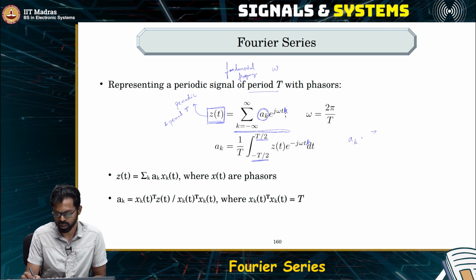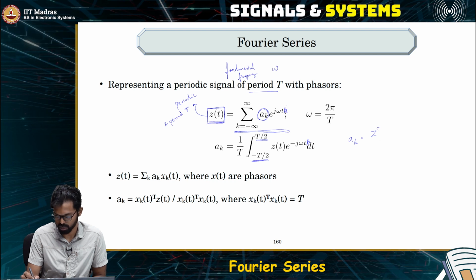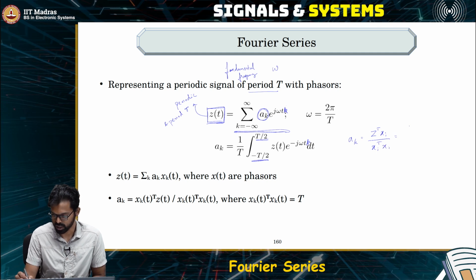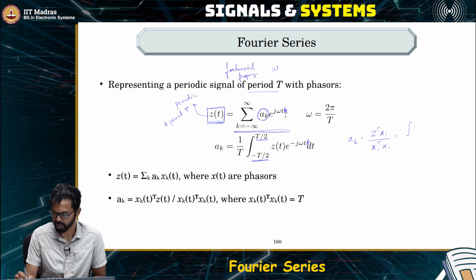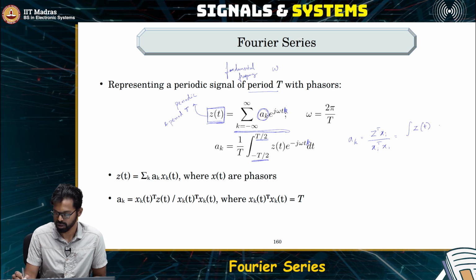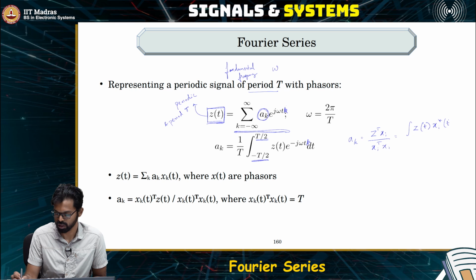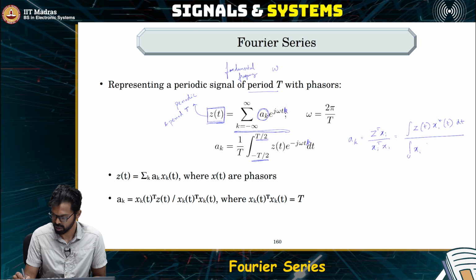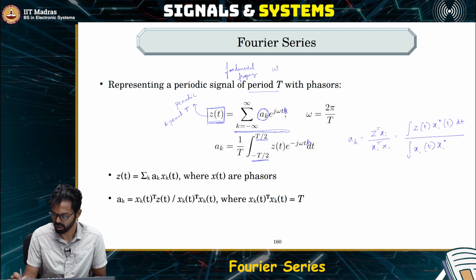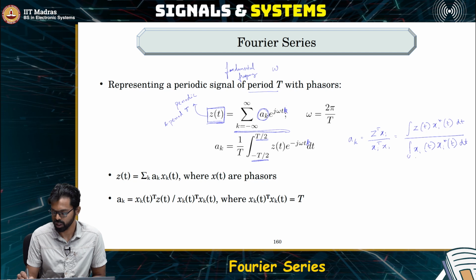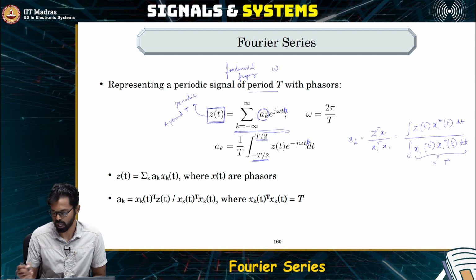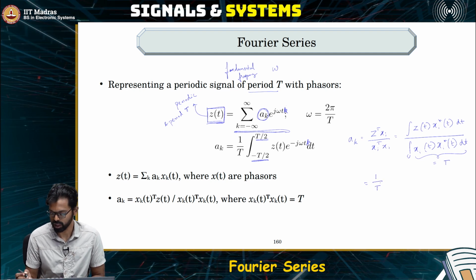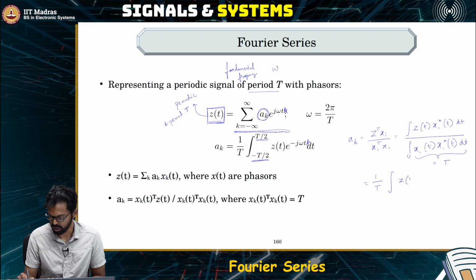So remember, what was the inner product? It was something of this form, and in this case it is the integral of z of t with phi k conjugate, divided by, and we already saw that this is equal to capital T, which means this coefficient is nothing but 1 by T integral z of t.